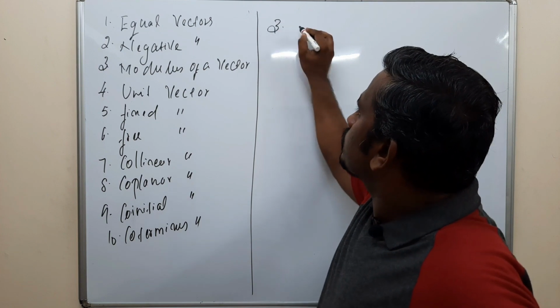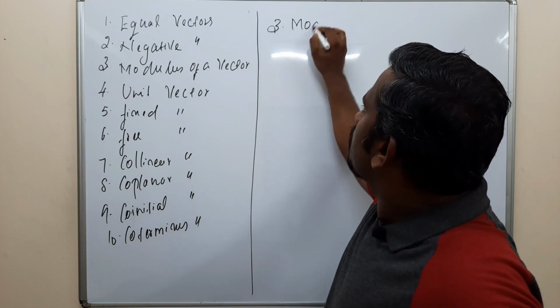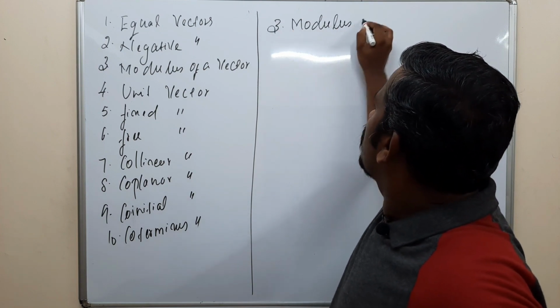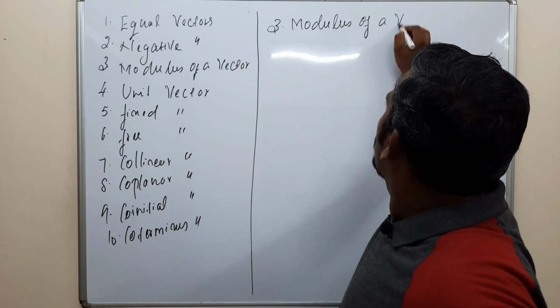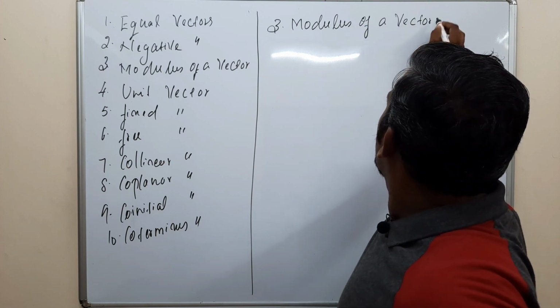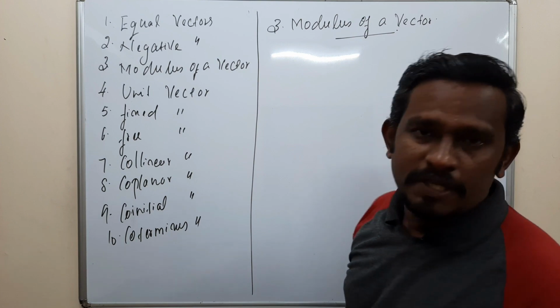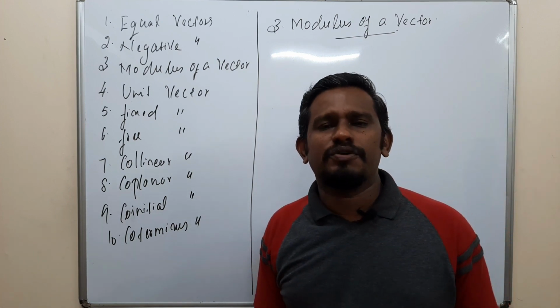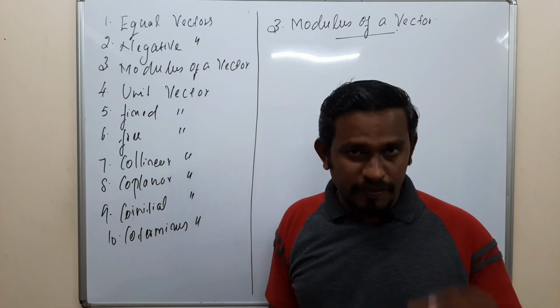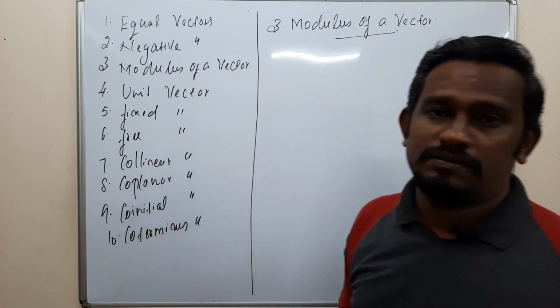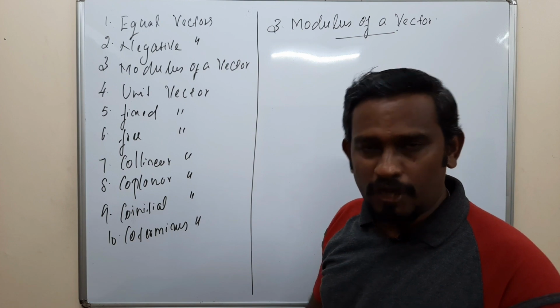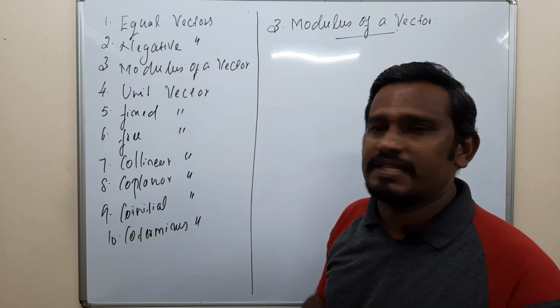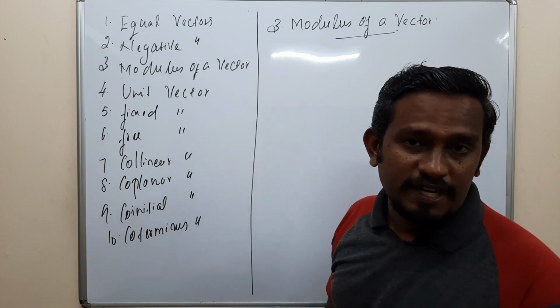Third one, that is modulus of a vector. A vector is a quantity that has both magnitude and direction. If you consider the magnitude alone, not considering the direction, then we call it the modulus of a vector.